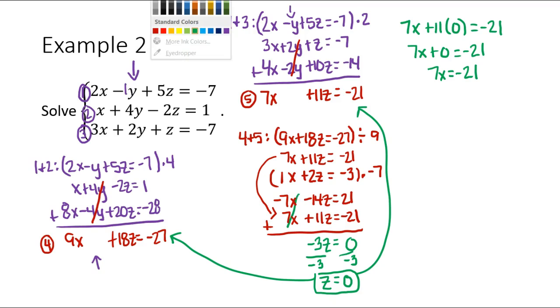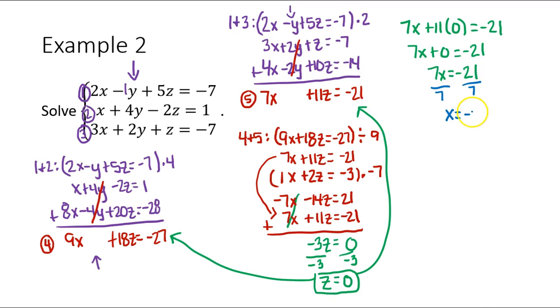If I divide both sides by that 7, we find out that x is equal to negative 3. And now I'm going to take the x that I just found and the z that I just found, and plug both of them into any one of the original 3 equations.